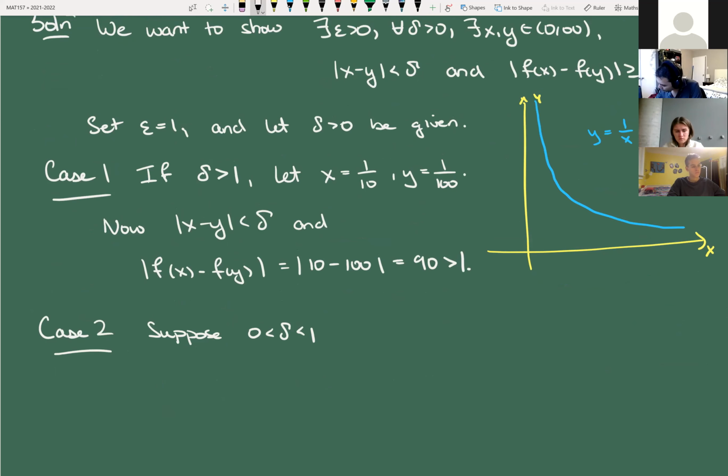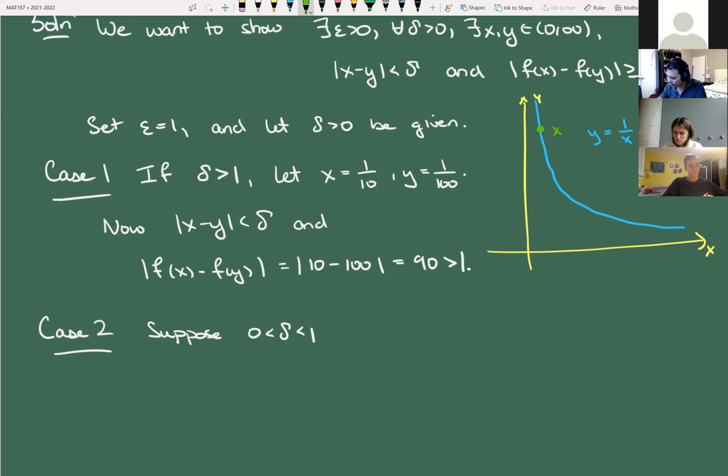And if delta is really small, I have to be very clever about what I choose to be x, because when I choose y, y has to be within a distance of delta of x. So I need to make sure that I choose x close enough to 0 that no matter what y I pick, x and y are going to be really far apart.